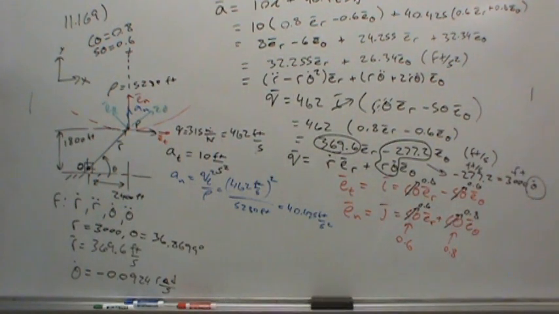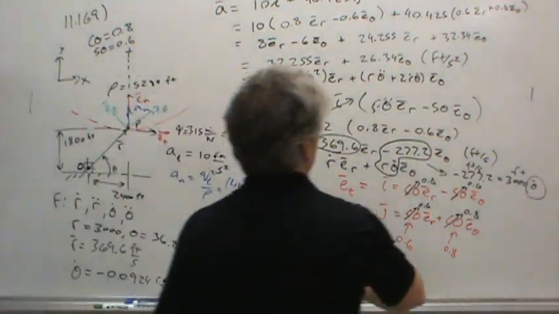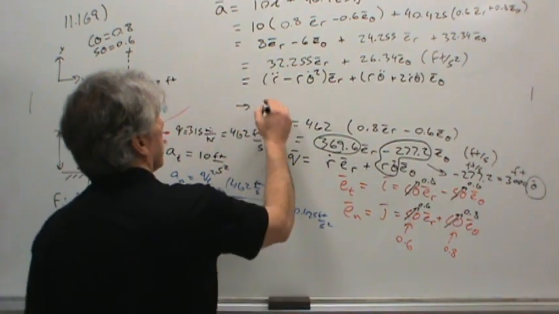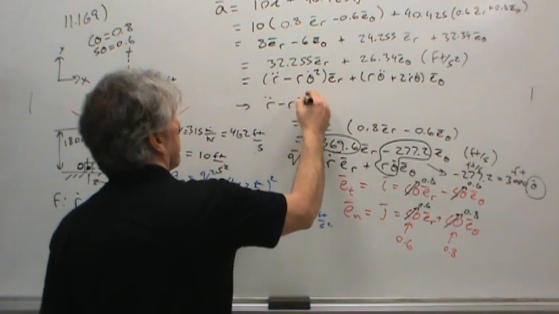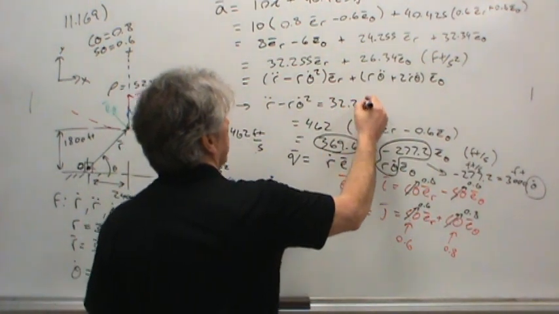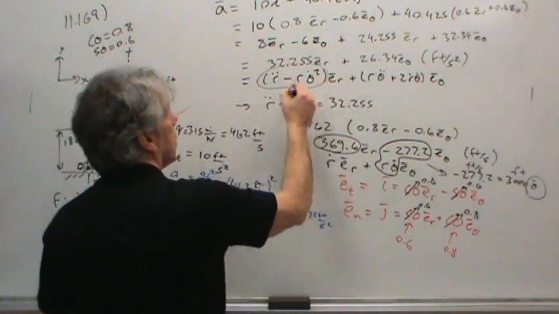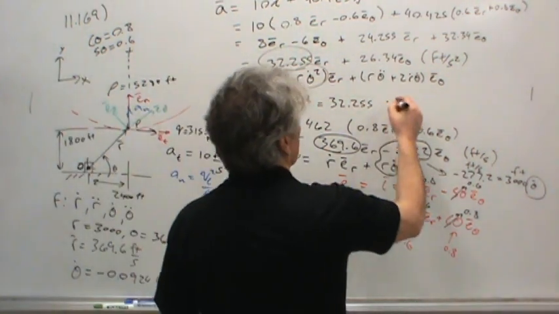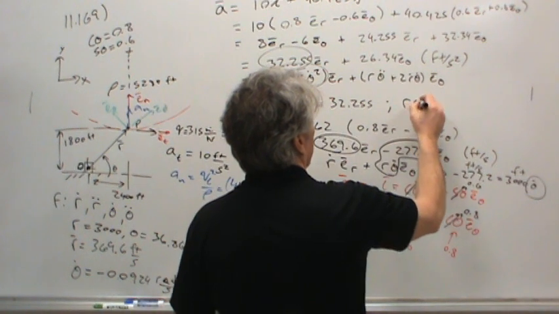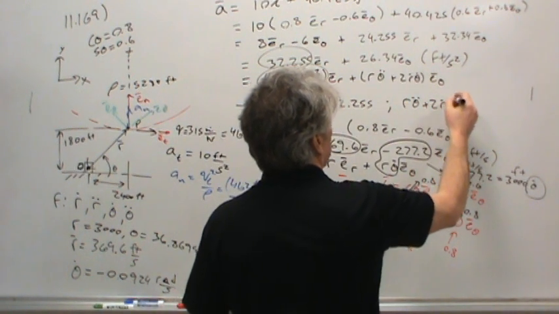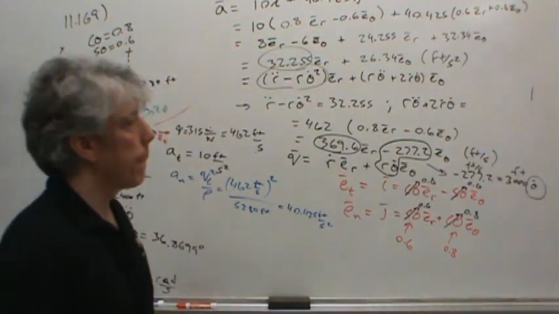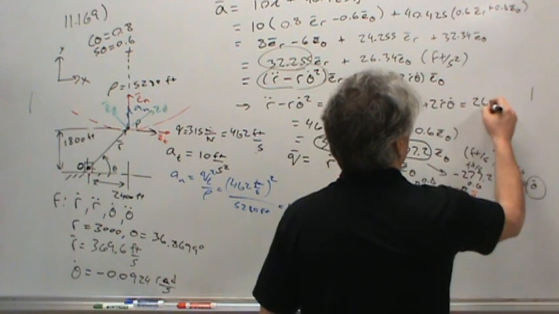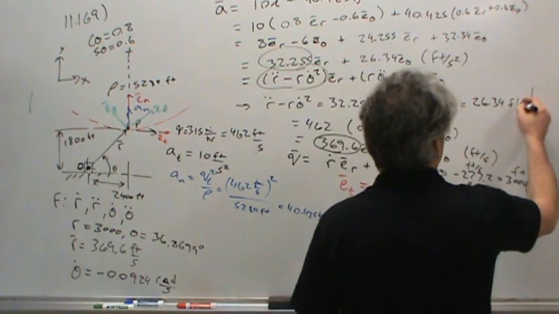So what we've just discovered is that R double dot minus R theta dot squared is equal to 32.255, isn't it? Just those two pieces. Also, R theta double dot plus 2 r dot theta dot equals what? 26.34. Of course, feet per second squared in both cases.